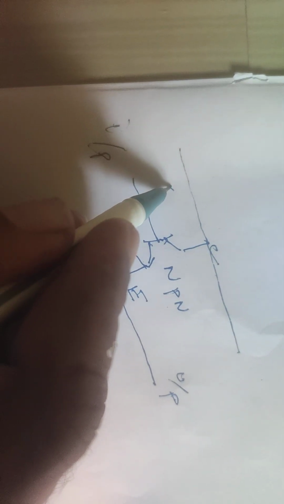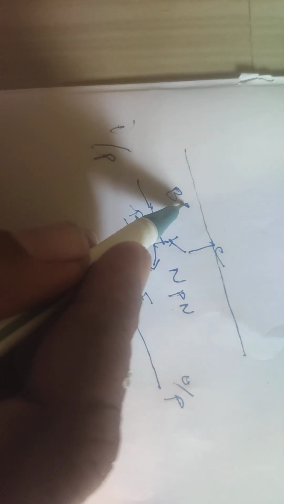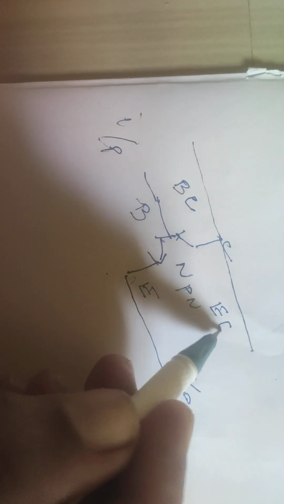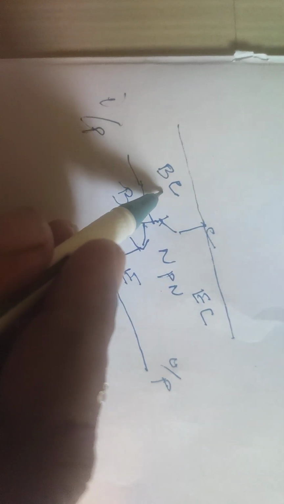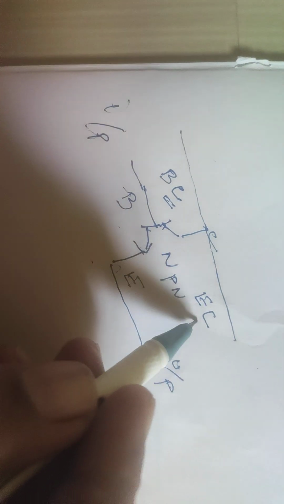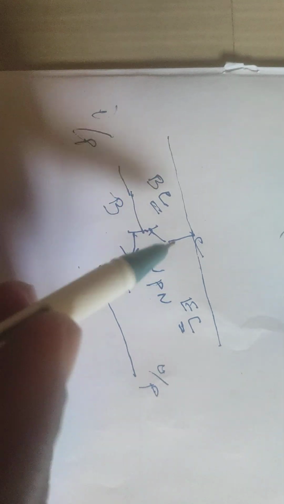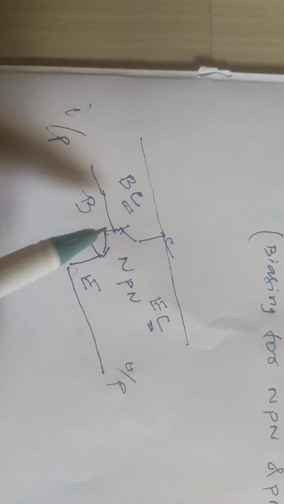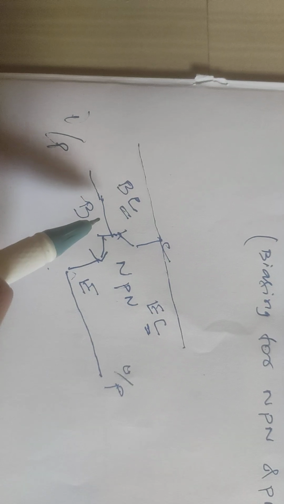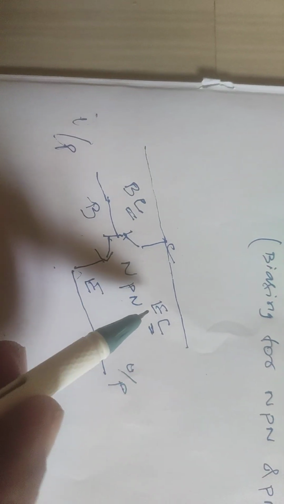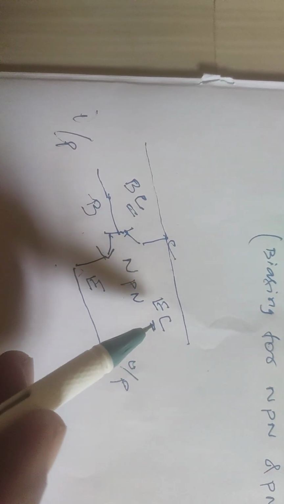Input port is base collector, output port is emitter collector. The second letter C indicates the common configuration. Here C is the collector, collector is common. So in common collector configuration, input port is a base collector junction, output port is an emitter collector junction.